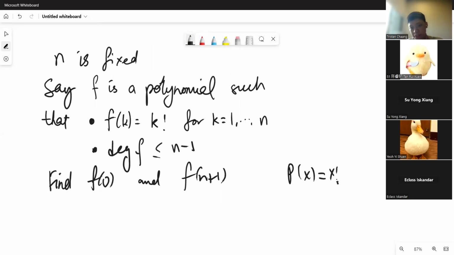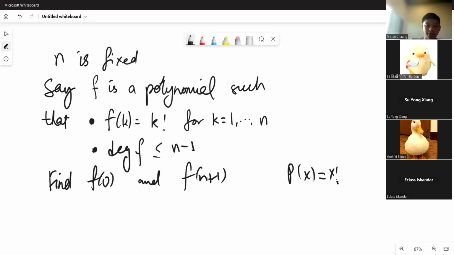I know there's something called a gamma function, which is an analytic continuation of the factorial function, so it's like connecting the factorial points together smoothly. But the gamma function itself is also not a polynomial. So there are no polynomials that satisfy p(x) equals x factorial, and we cannot really use that.